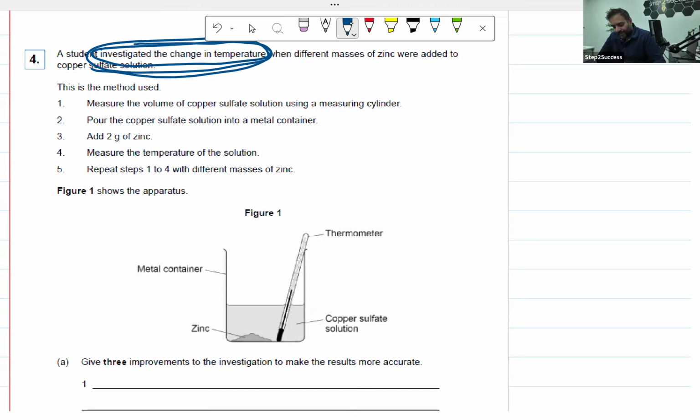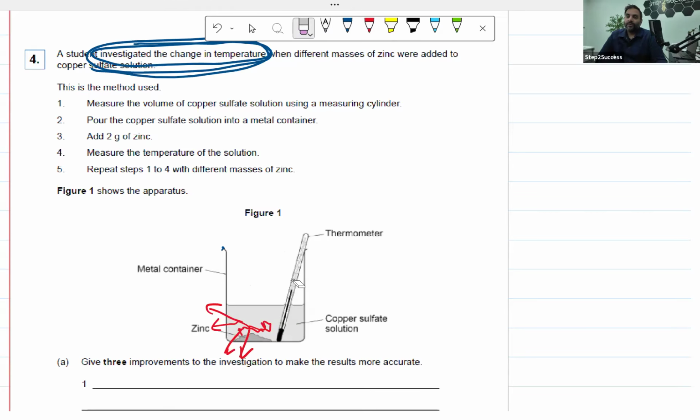So if you're measuring the temperature, let's say during a chemical reaction, with this thermometer, it is important that it picks up all of the heat that is being produced. Now, if you do this in a metal container, metals are very good conductors of heat. So imagine all the heat that's being produced here. A lot of it will go out of the container, and this thermometer won't pick it up.